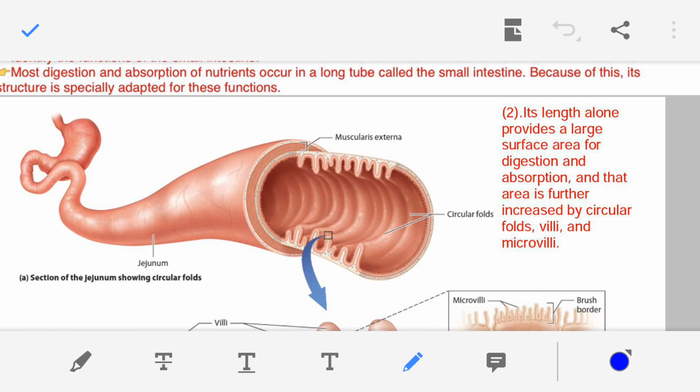of our discussion. Now the question arises, why is the small intestine capable of digestion and absorption? The reason is the small intestine is in the form of a long tube. So the nutrients, they are getting enough surface to be digested and absorbed.